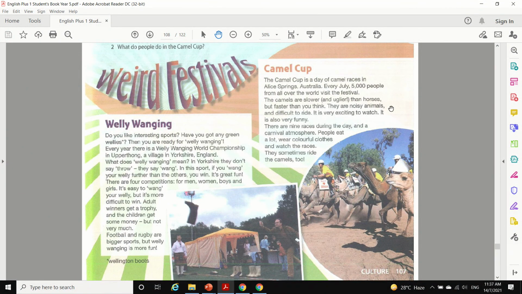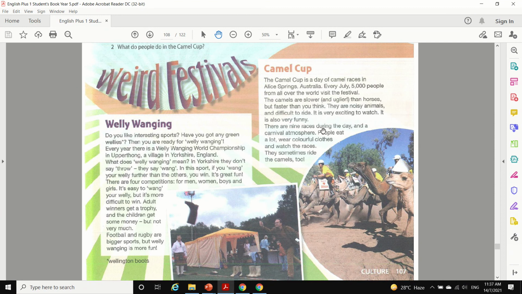They are noisy animals and difficult to drive. It is very exciting to watch. It is also very funny. There are nine races during the day and a carnival atmosphere. People eat a lot, wear colorful clothes, and watch the races. They sometimes ride the camels too.